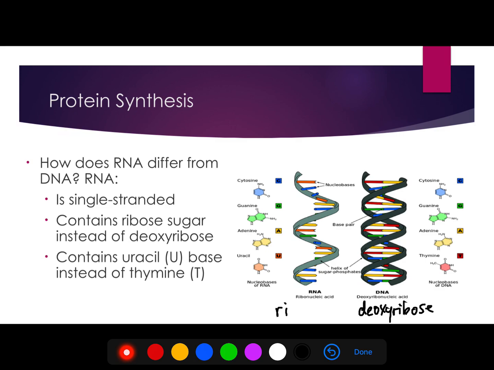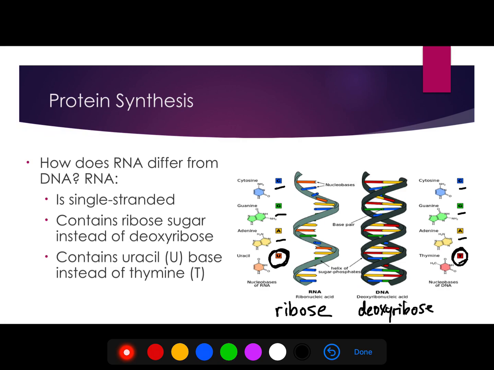RNA contains the sugar ribose. So there's a different sugar found in the backbone between these two. And the third major difference is DNA contains the bases C, G, A, and T, whereas RNA contains C, G, A, and U.